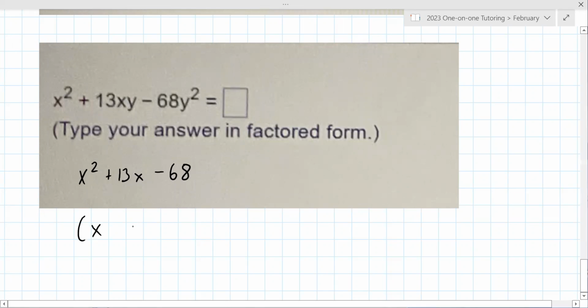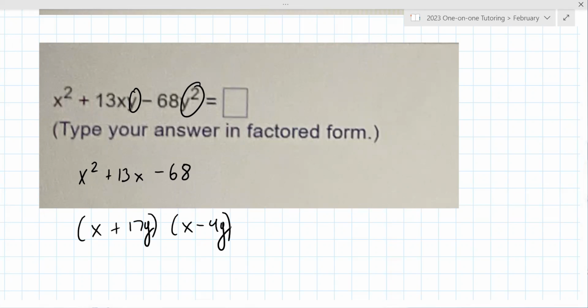Yes, x plus 17, x minus 4, but you got to be careful, like the fact that we omitted or left out the y, you have to add in that. Yes. It's easy to forget to do that, so I don't know what to suggest. Because I'm the type to probably forget that, even though I say to not do that.